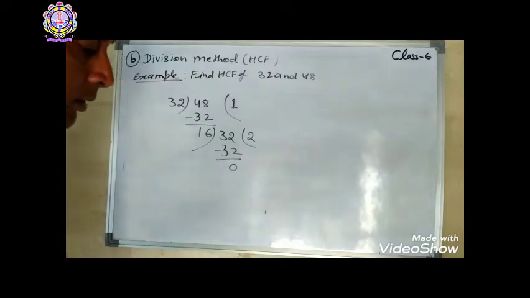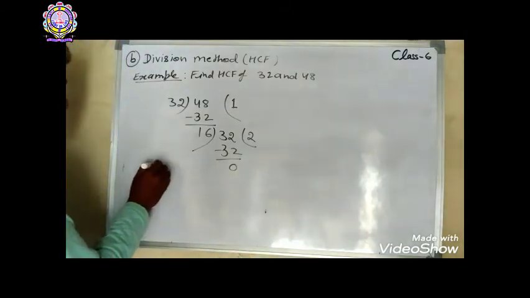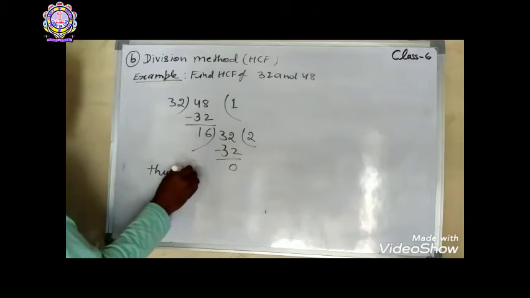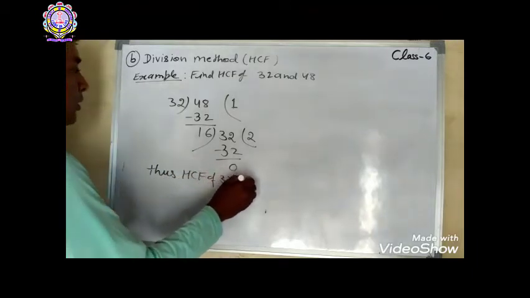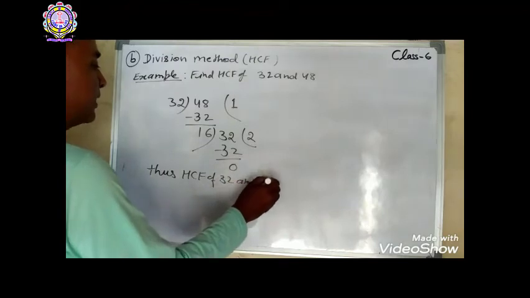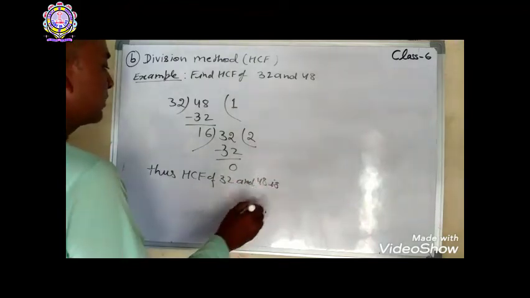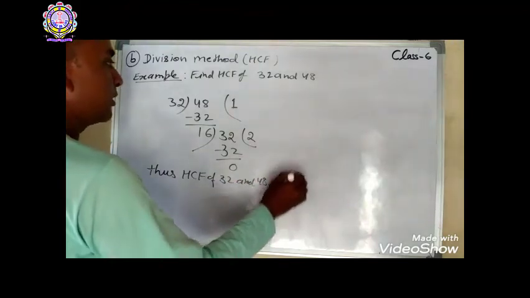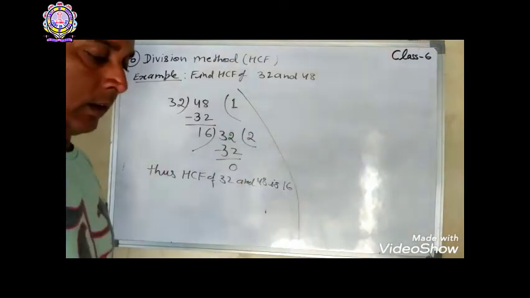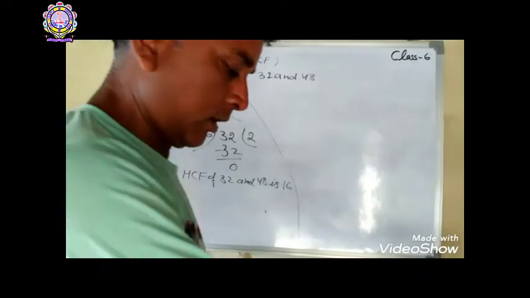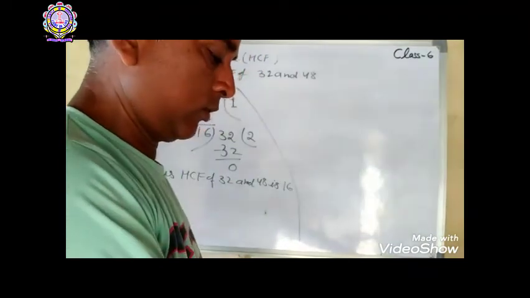So thus, HCF of 32 and 48 is 16. I hope you understood it.